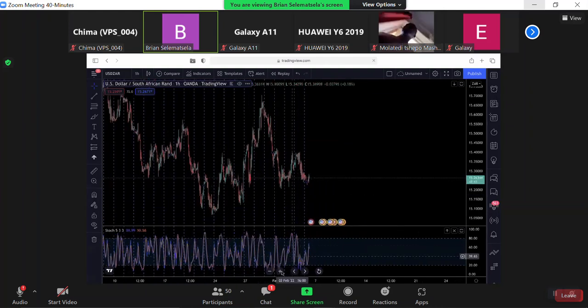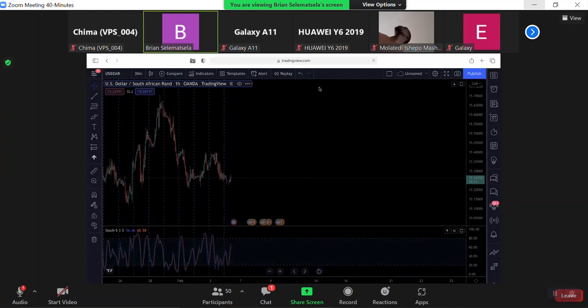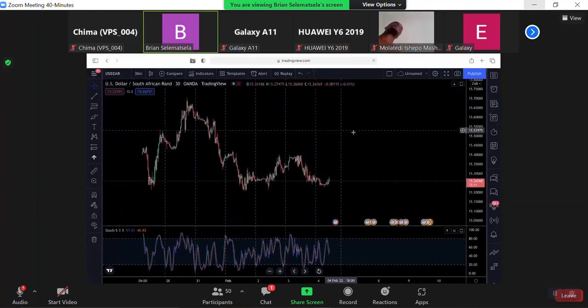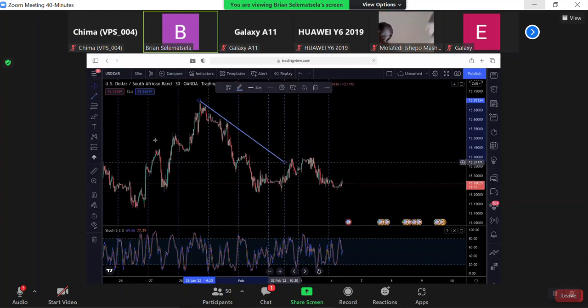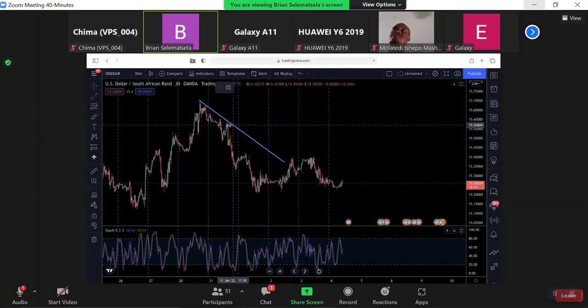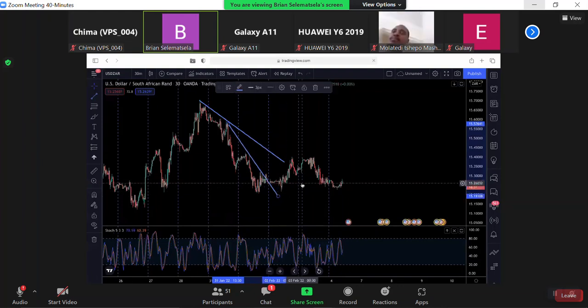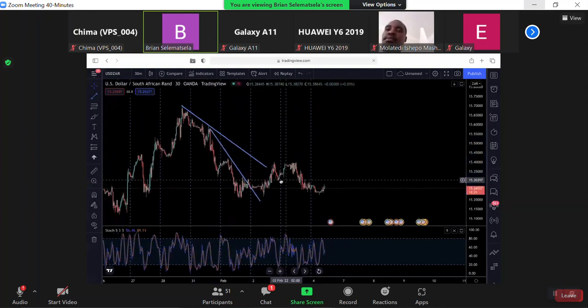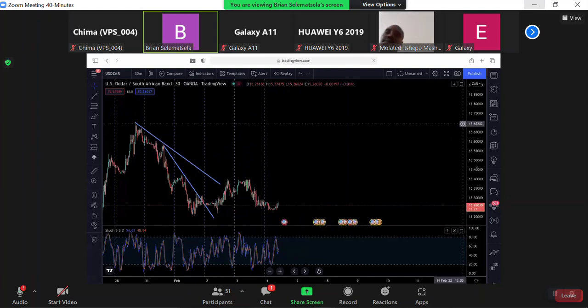If you can check, let me go to 30. There was a very clear divergence, footprint, very clear first layer, and from there I was supposed to enter here or there.